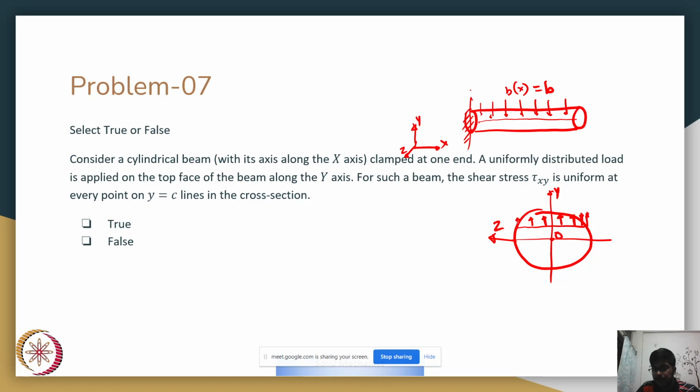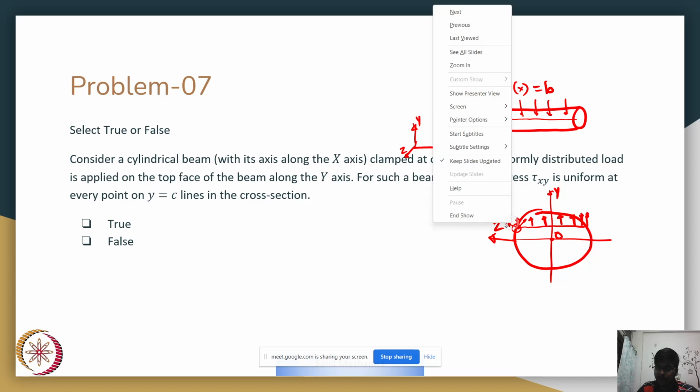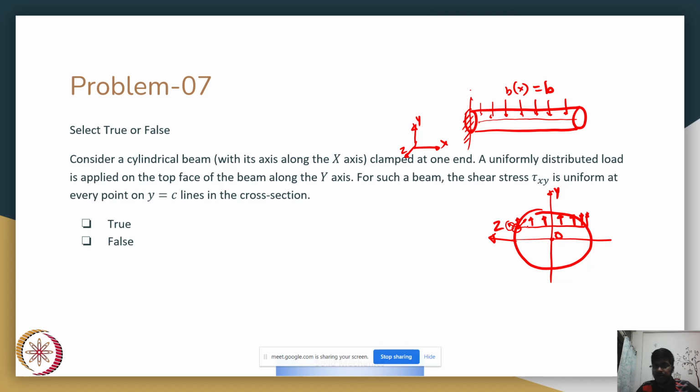If that is the case, you can see that right near the edges, right near the end points, your shear stress is such that you can split it into a normal and a tangential component whose normal part is non-zero.